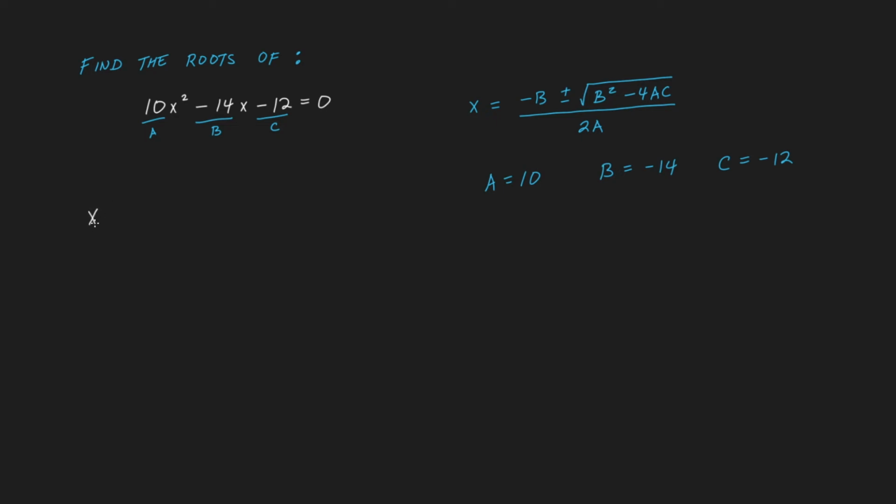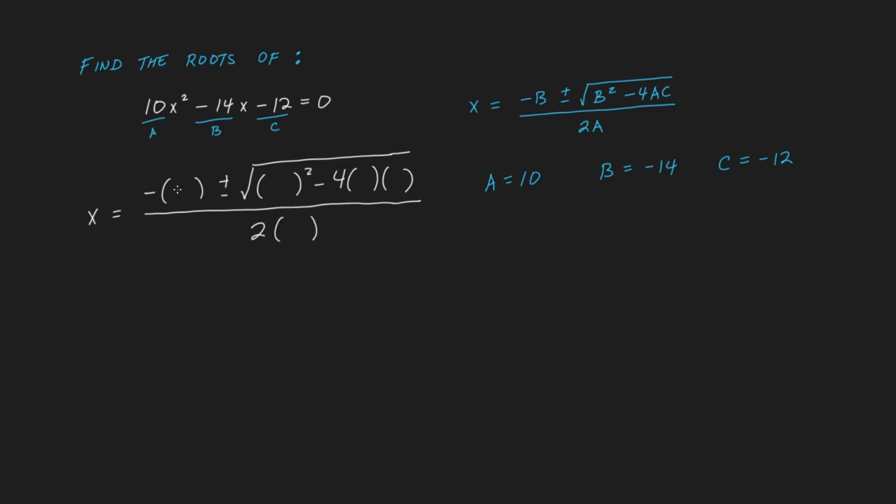Let me write this down. We have negative b here, but instead of putting b, I'm going to put a parenthesis, because that helps just in case our a, b, and c are negative. Here we have b squared, here we have 4ac, and below we have 2a.